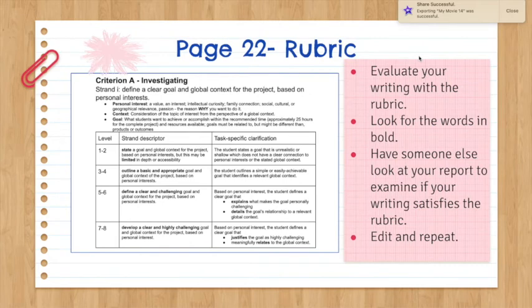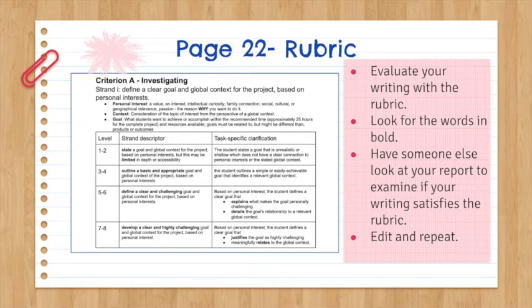Finally, you go to page 22, which is the rubric. The rubric has the description broken up into strands, which is actually what we've done. We've done strand 1 with the process journal, and then strand 1 with the written report. And now this is strand 1 for investigating on the rubric.